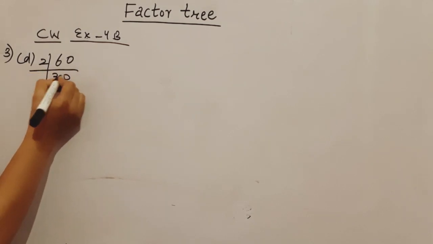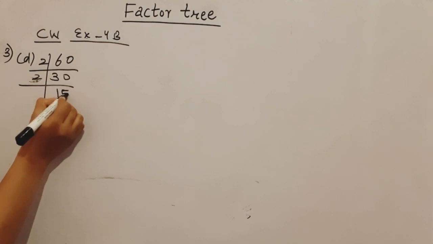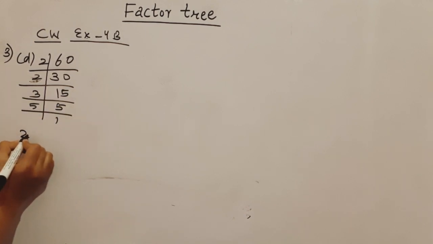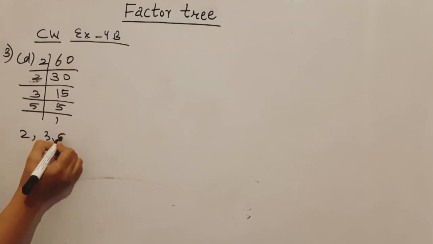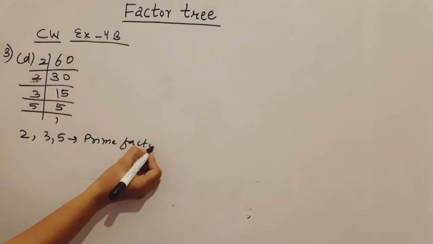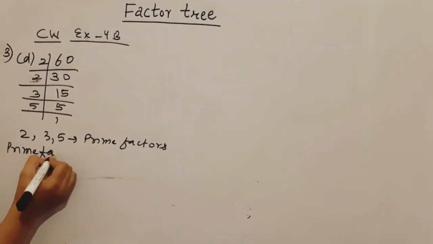Right, 2 30s, then 2 15s, 3 5s and 5 1s. So 2, 3 and 5 are the prime factors, क्योंकि ये सब क्या है? प्राइम नंबर्स हैं. Now what is the prime factorization?